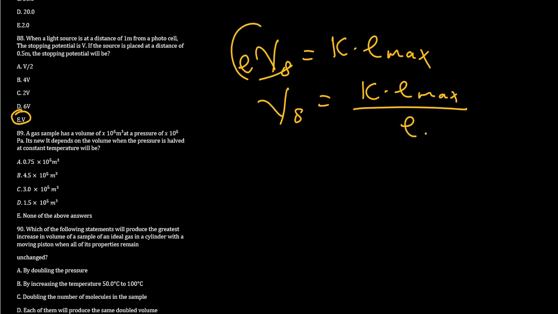So this quantity e in eVs is measured in electron volts, and so we can get the stopping potential from here, and we see that the stopping potential is independent of distance, and so no matter how the distance is varied, so long as the frequency of the radiation is unaltered, V, the stopping potential, will not change, so it's still going to be V.